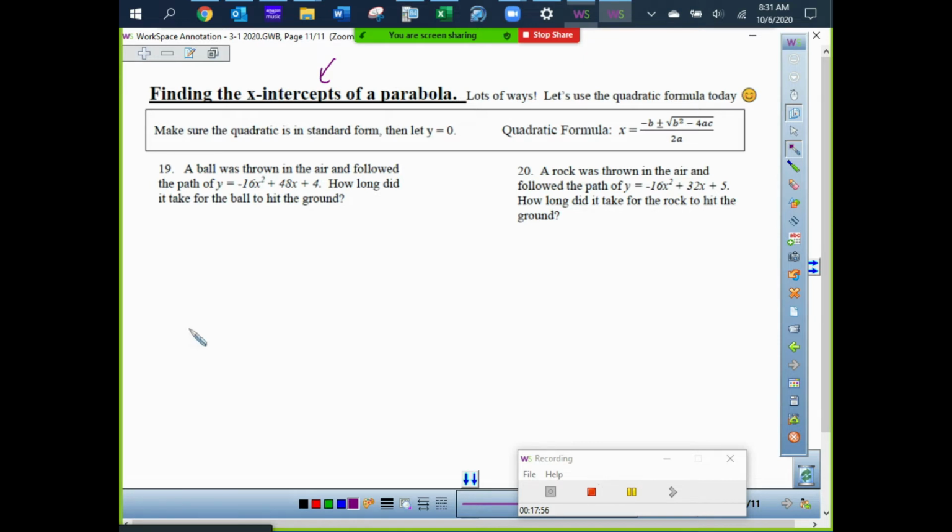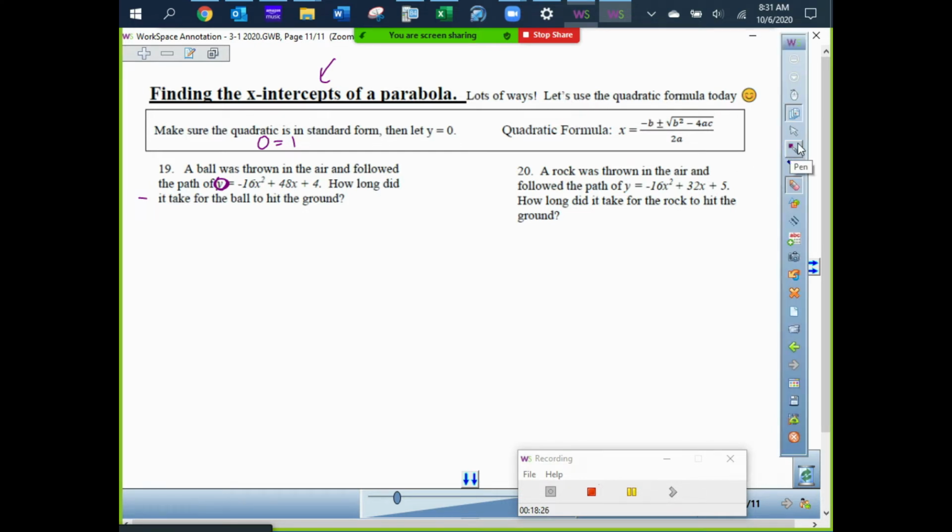You could factor that. You could complete the square on that. You could use the quadratic formula. You could graph it with the graphing calculator and find the x-intercepts. What we're going to do today is use the quadratic formula.